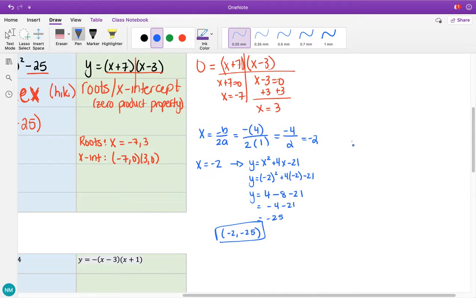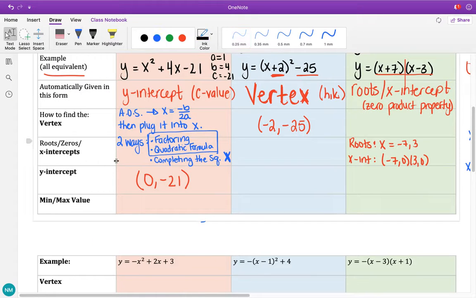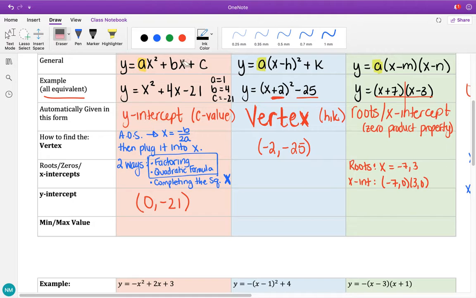Quadratic formula: you would plug everything in, and you would get x equals, and then eventually you'll get negative 7 and 3. I'm not going to do it all. And then we'll talk about min and max afterwards. Right now, let's talk about these three things.